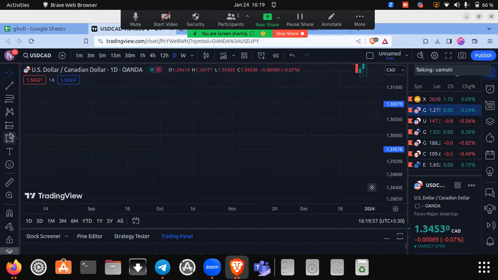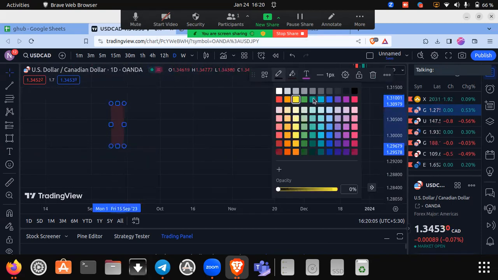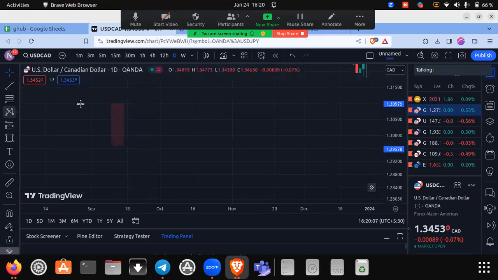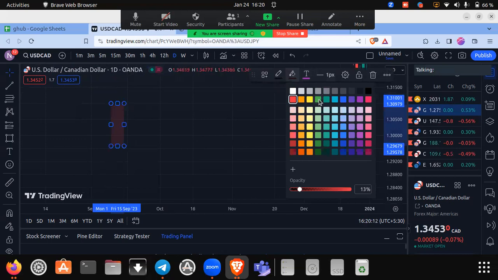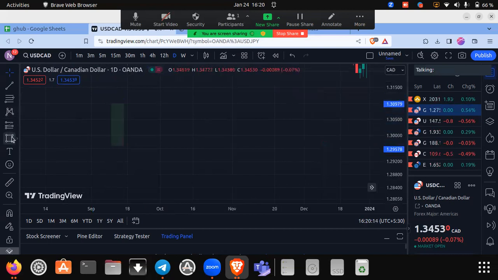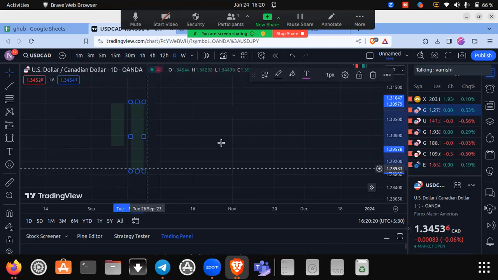Engulfing sell fail is the same as engulfing buy fail, but just the candles are opposite. Here we have a bullish candle, which is engulfed by a bearish candle.